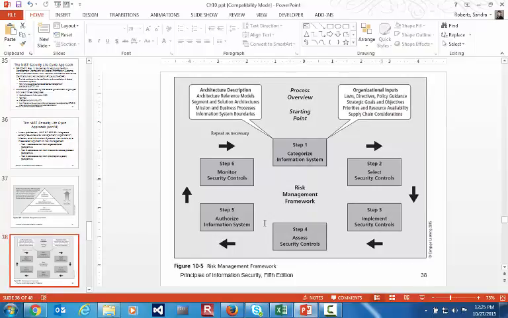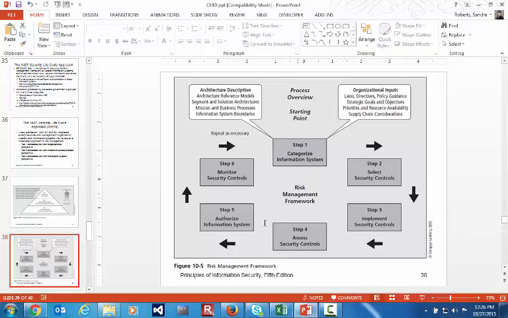And then here you go with kind of a flow chart again. You're looking at the organizational inputs, the description, the categorized information system is the first step, and then select your security controls, implement those controls, assess them and see if they're doing a good job, authorize them, put them into place, and then monitor them. And it all evolves around risk management that we've already covered.